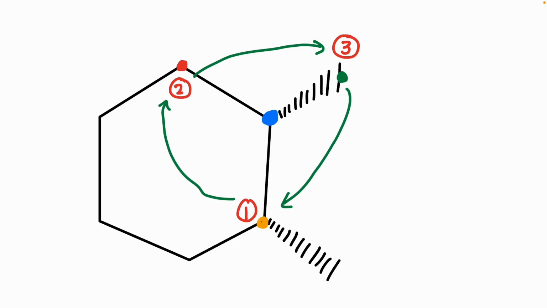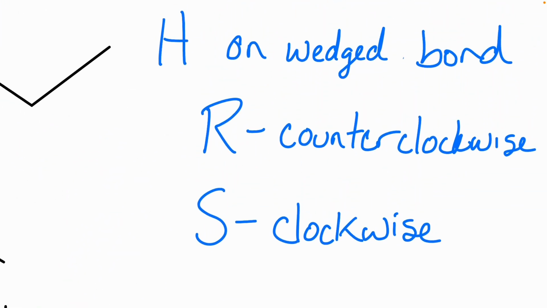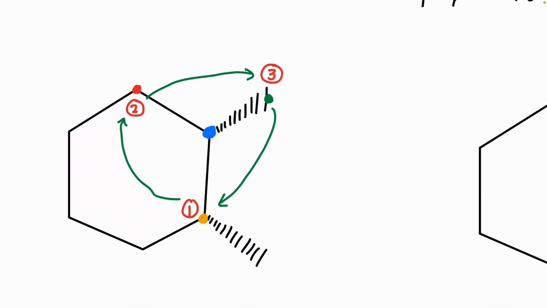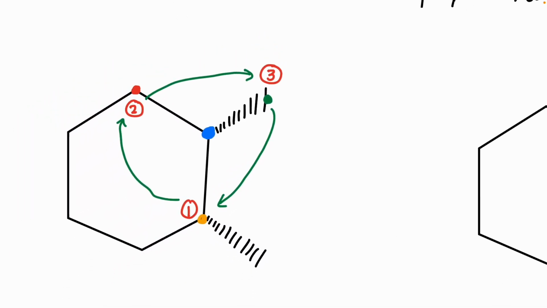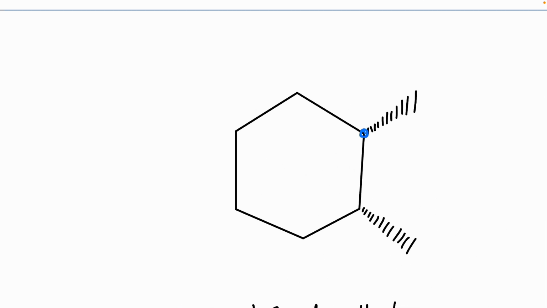This is the clockwise direction, but my hydrogen is on a wedged bond, so my clockwise direction is S. All right, I got to reverse my rules for this molecule here because the hydrogen is not pointed into the page, it's pointed out of the page. So you just make a note, this one up here is S.